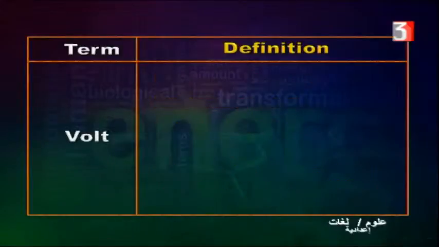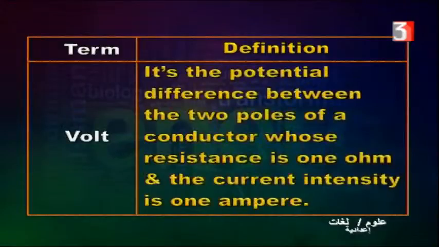Volt. We will define volt according to Ohm's law. Volt is the potential difference between the two poles of a conductor when electric resistance is 1 ohm and current intensity is 1 ampere. All of these definitions are related to Ohm's law.